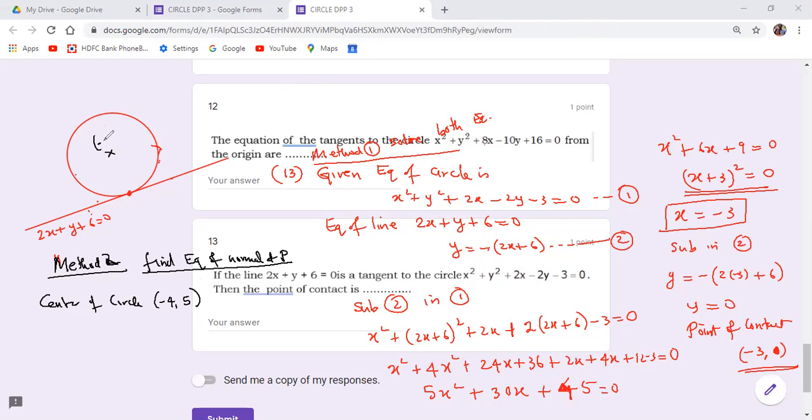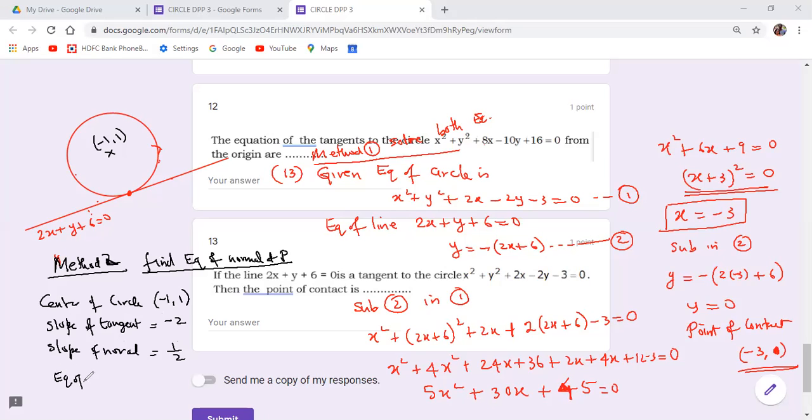Center is -1, 1. Then slope of tangent is -2. Slope of normal is 1/2.